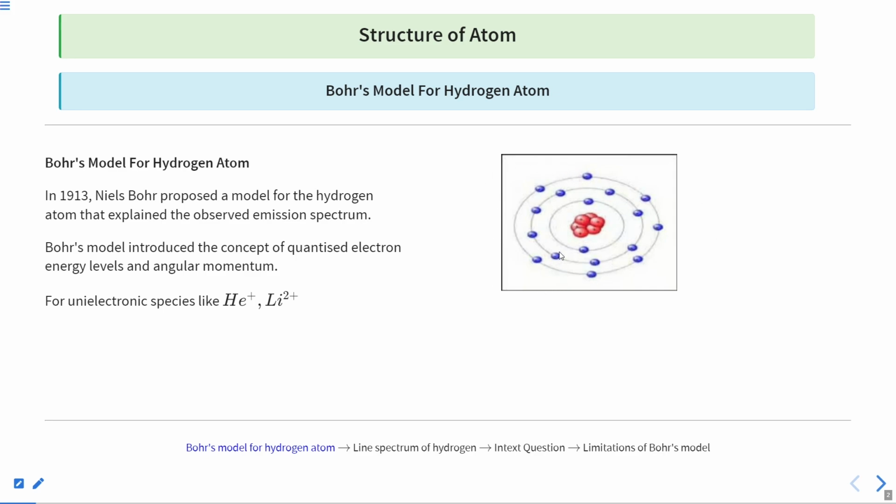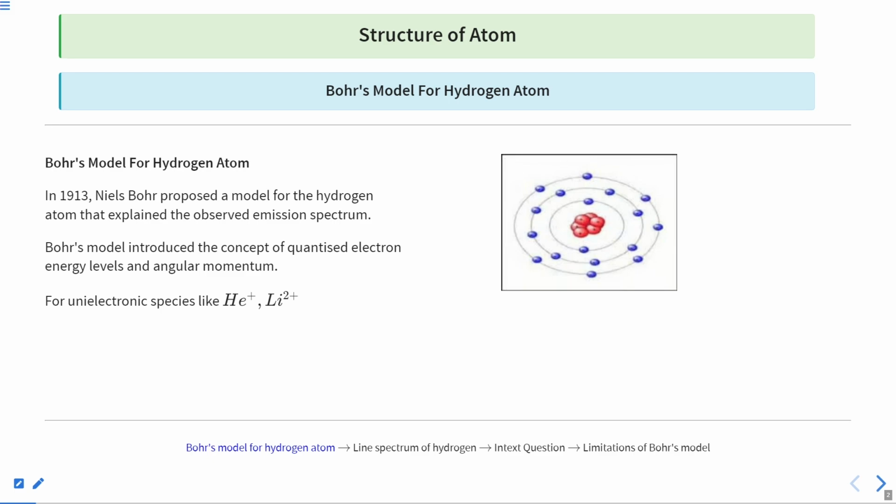This model is especially for hydrogen-like species. This is the most important thing about Bohr's model, that it mainly deals with hydrogen-like species. Why do we say hydrogen-like species and not all species? The Bohr model takes in information about the electric attraction between the nucleus, or simply the proton, and the electron.